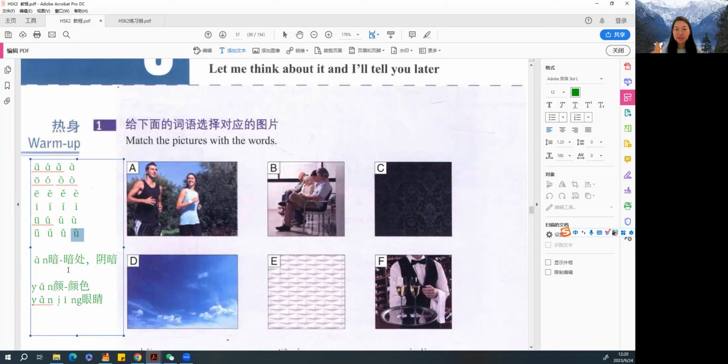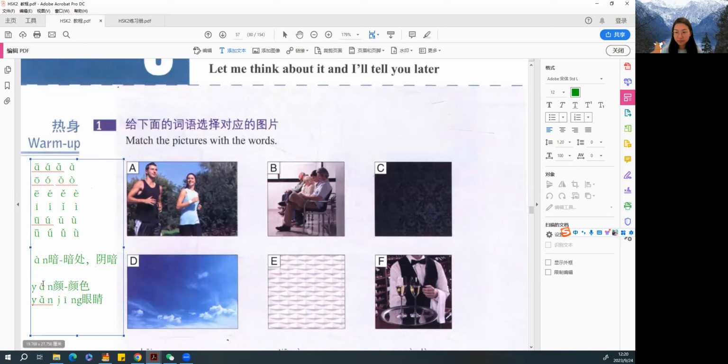Good job. And something we need to pay attention to is when a and n are together, we say it as an. An. For example, this word an, we can make it as 暗处, 阴暗, 暗. This means dark, darkness, dark side.